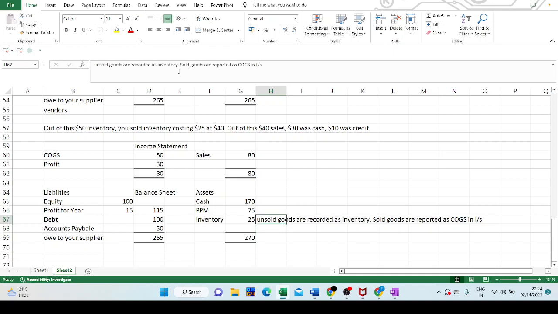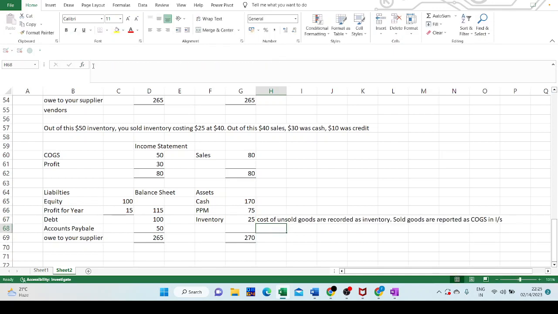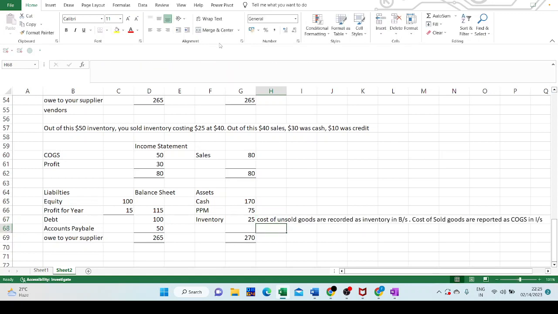Or rather, cost of unsold goods are recorded as inventory in the balance sheet, and cost of sold goods are reported as COGS in the income statement, right?